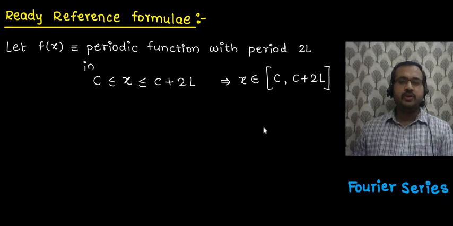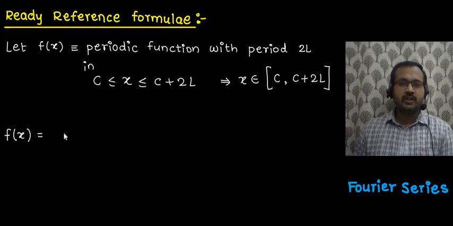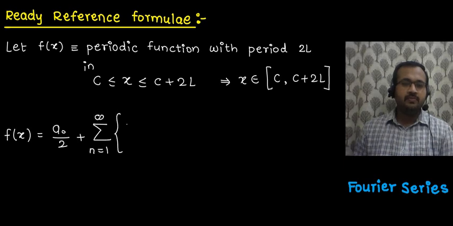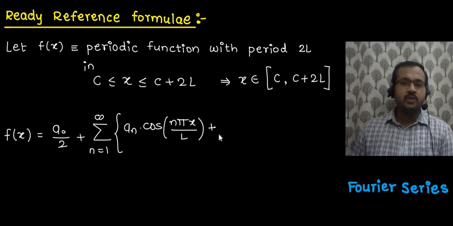Since f of x is a periodic function with period 2L, and if it satisfies the Dirichlet condition, then the Fourier series expression for f of x will be a0 upon 2 plus summation, where n varies from 1 to infinity, an into cos n pi x upon L, where this cos n pi x upon L is a periodic function with period 2L, and the second term is bn sin n pi x upon L.